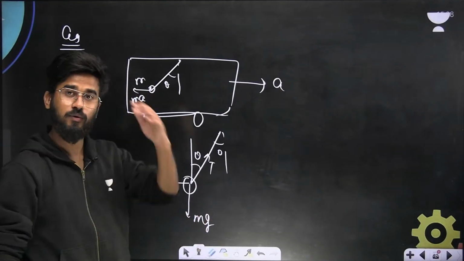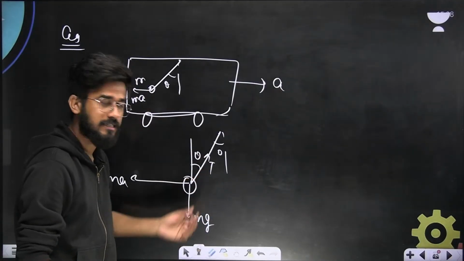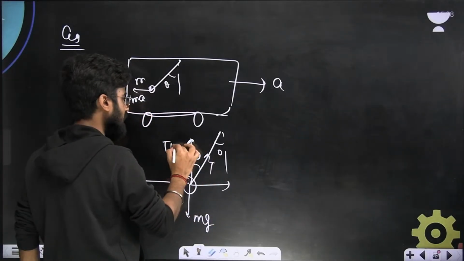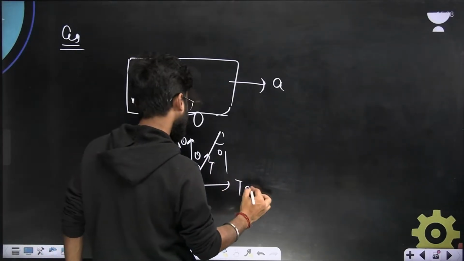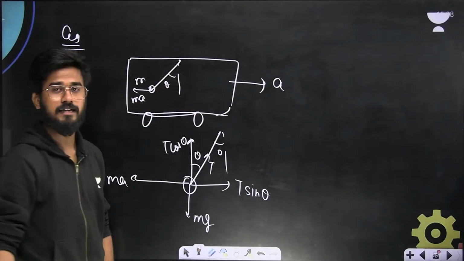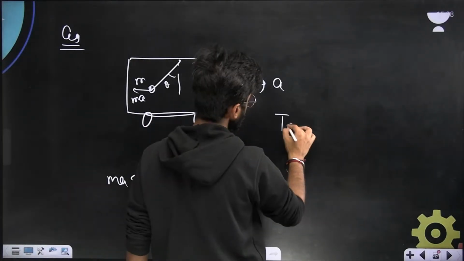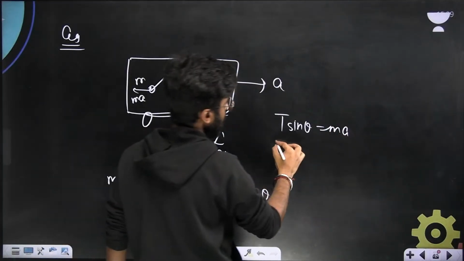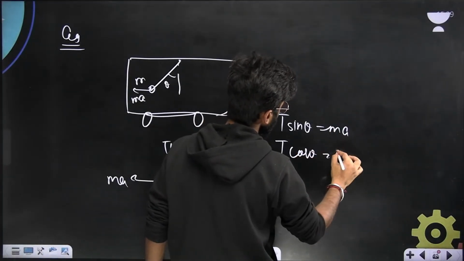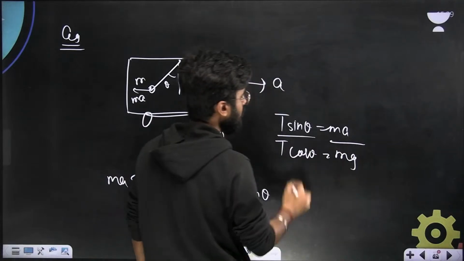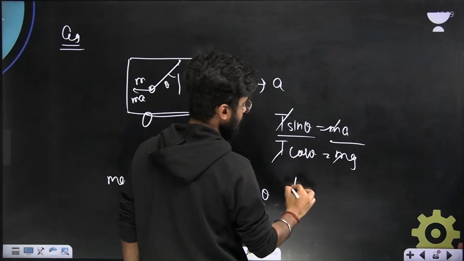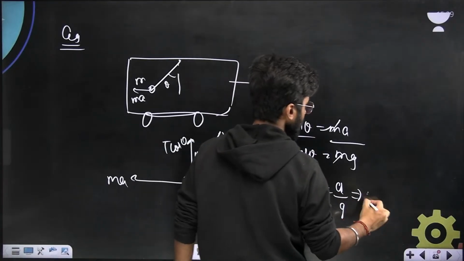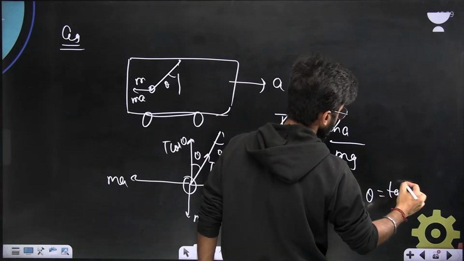Now just break this T. This is T cos theta, and this is T sin theta. So we can simply write that T sin theta equals ma, and T cos theta equals mg. Divide them, T gets cancelled. It is tan theta equals a by g. So theta equals tan inverse a by g.